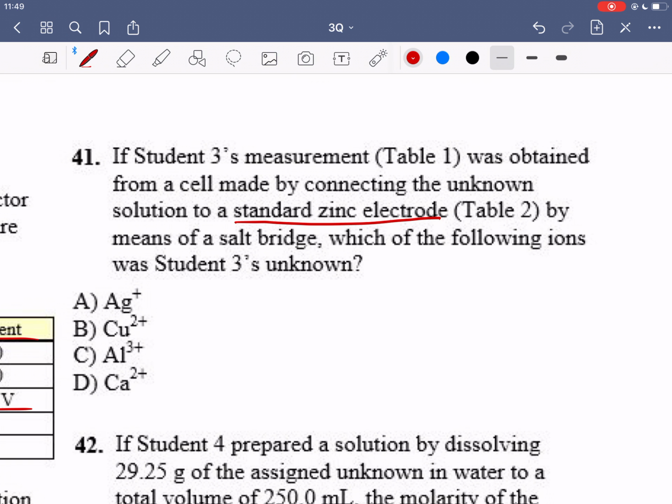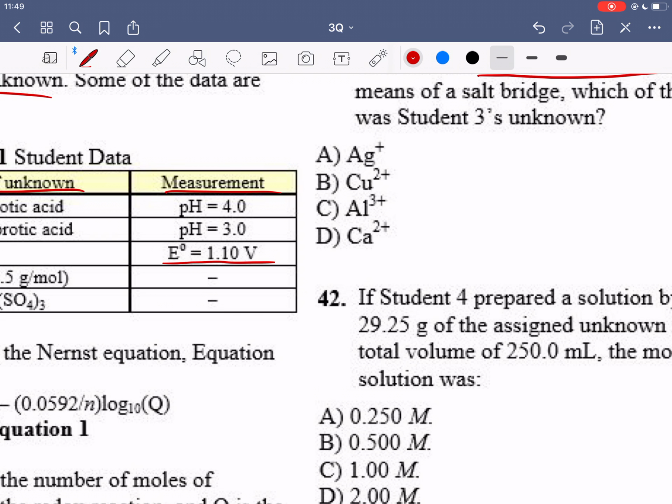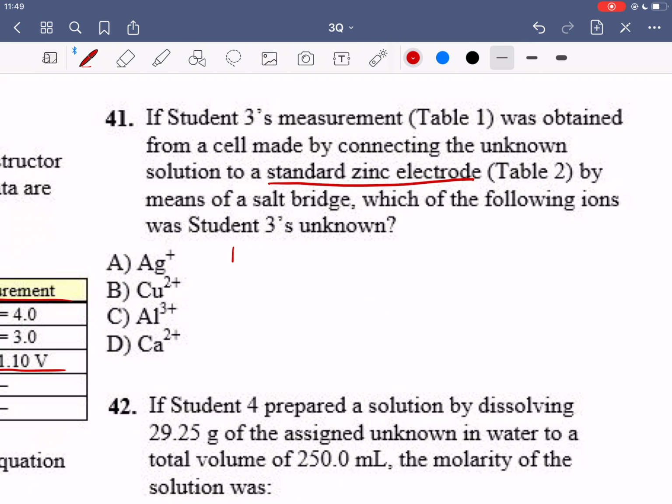Okay, so we're asked which of the following ions was student 3's unknown. We're given some ions in the answer options. So 1.1 volts. If E naught of the cell is equal to 1.1 volts, this is just reduced minus oxidized.